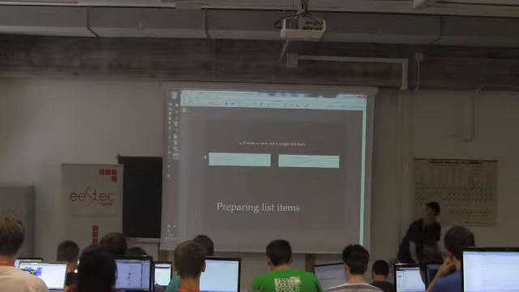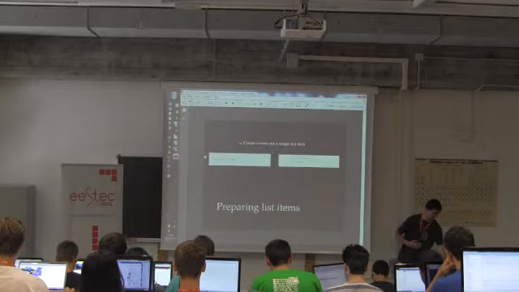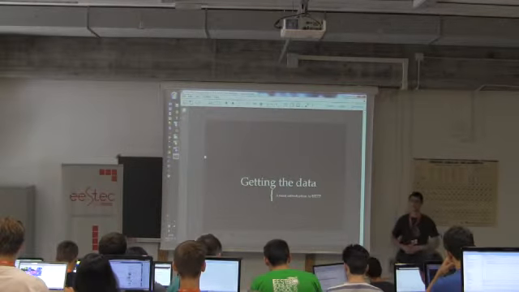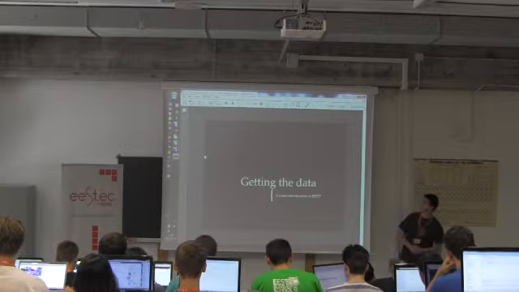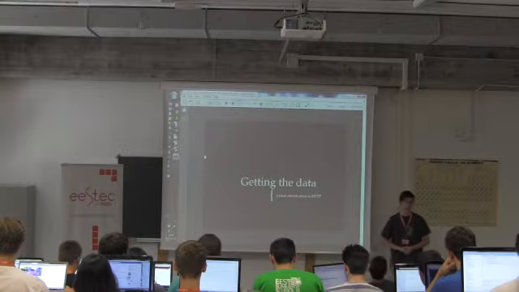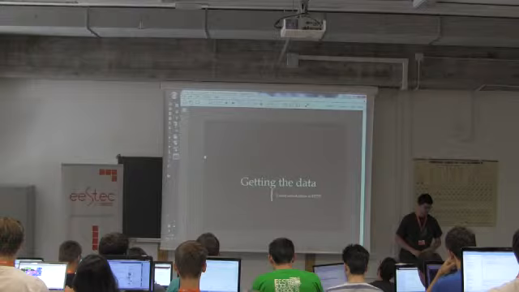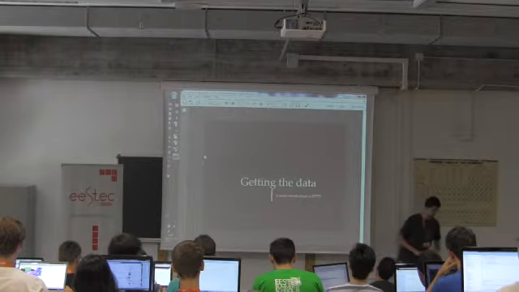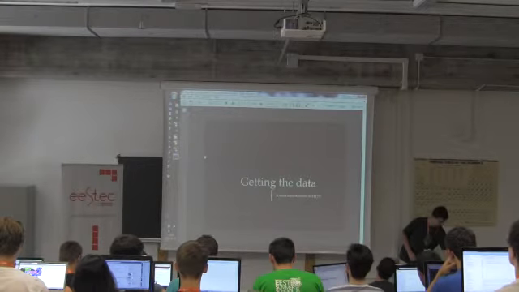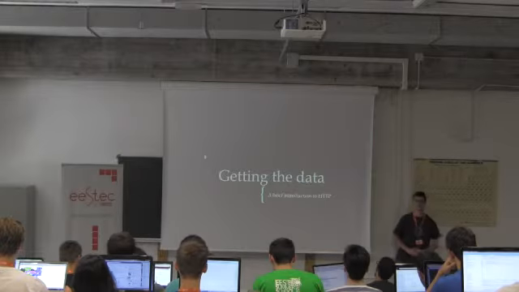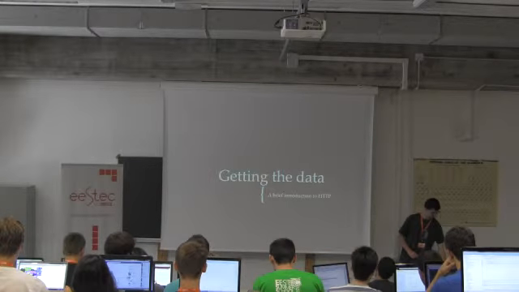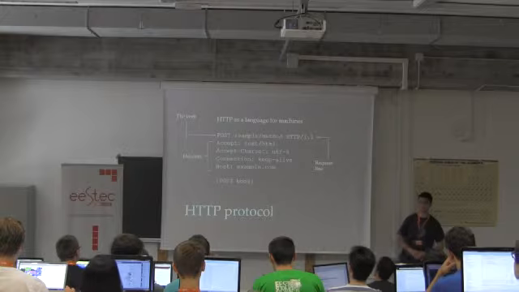We'll now put everything that we've created so far aside and focus on getting the actual data from our web APIs. And we will start with a brief introduction to the HTTP protocol. So, what is HTTP?